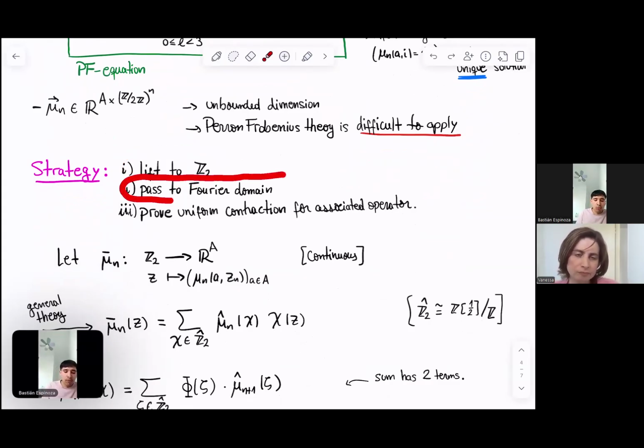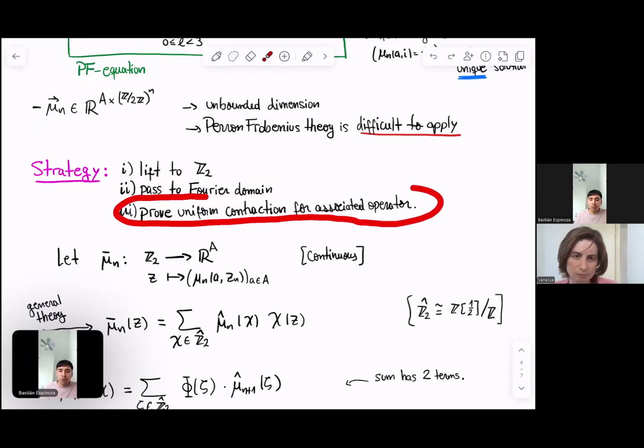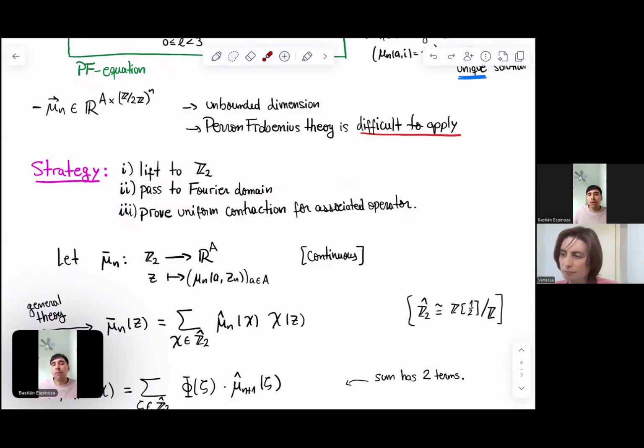Then we're going to pass to the Fourier domain. We're going to apply the Fourier transform, and I'm going to explain in a moment why this makes sense. And then in the Fourier domain, we're going to prove a contraction property for the associated operator. This contraction property will force a unique solution. And this is the contraction that I was talking about before, that is motivated by Perron-Frobenius theory.